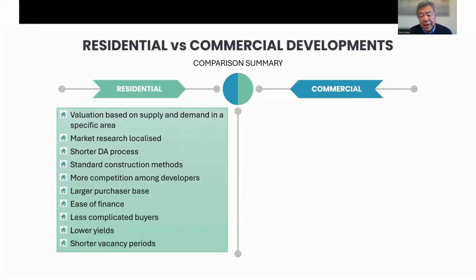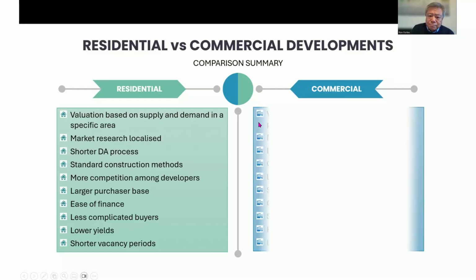You've got ease of finance because banks understand residential and they like to acquire mortgages from the actual purchasers. The buyers are less complicated, although it's mainly emotional. However, the yields, the returns, are lower. When you rent it out, the vacancy period is a lot shorter because everybody's looking for a home.